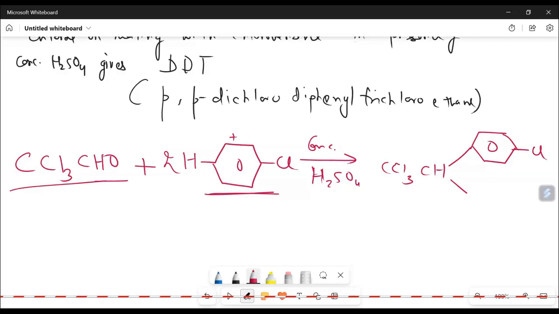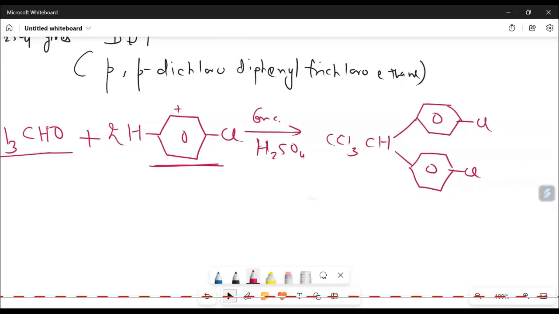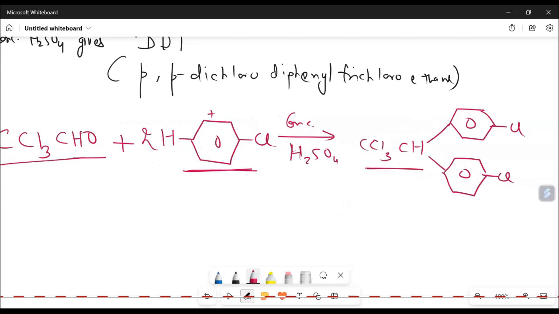We are drawing the DDT. Para positions must be there. Your trichloroethane, this is your diphenyl, with para dichloro. Okay, plus H2O. So this is called DDT.